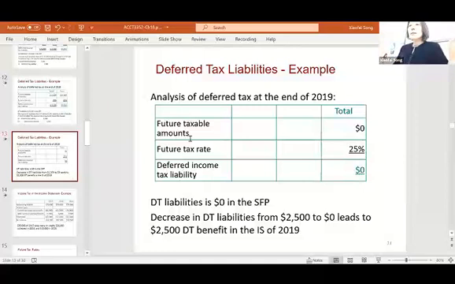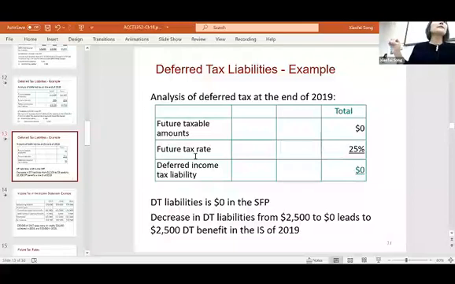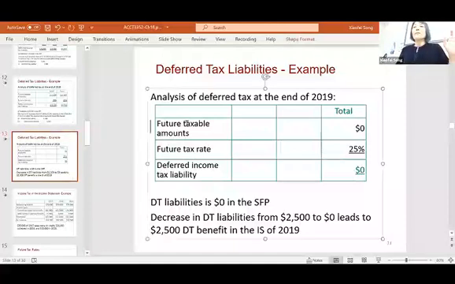Now, because it's a future taxable amount, we know this is deferred income tax liability. So that's why that slide that discussed two types of differences is important, because we know there's a difference, but then we need to know exactly what kind of difference it is.